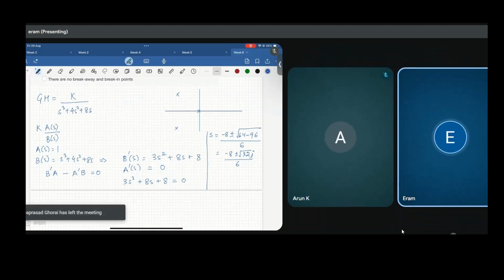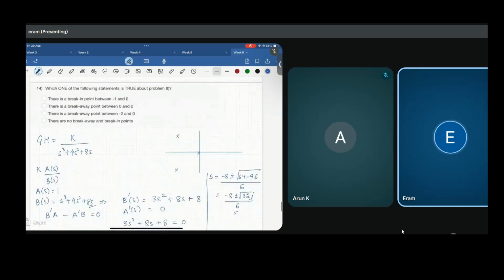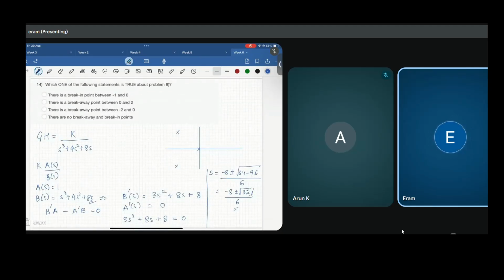Even though it is there, if we find k, which is minus B by A at that s, it should come positive. Now if you solve this, you will get 0, because this is nothing but the root of this only, and A is 1, so it will be 0, which is not greater than 0, because k should be greater than 0 here. So that means there are no breakaway or break-in points.